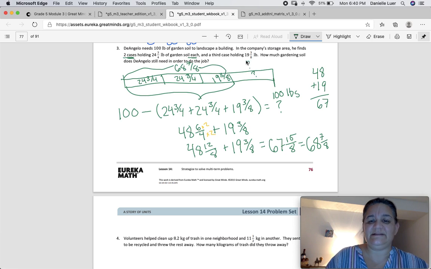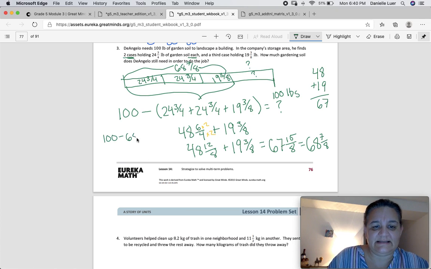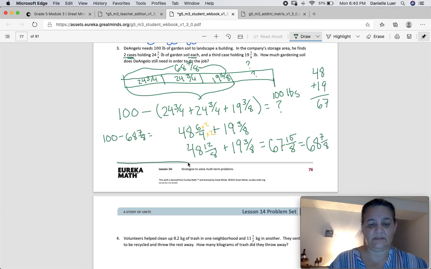Now I still need to figure out that. So here I'm going to subtract. So 100 minus 68 and 7/8 equals. Okay, now here's where we can use a number line. I'm going to start at 100. And I'm going to subtract 68.